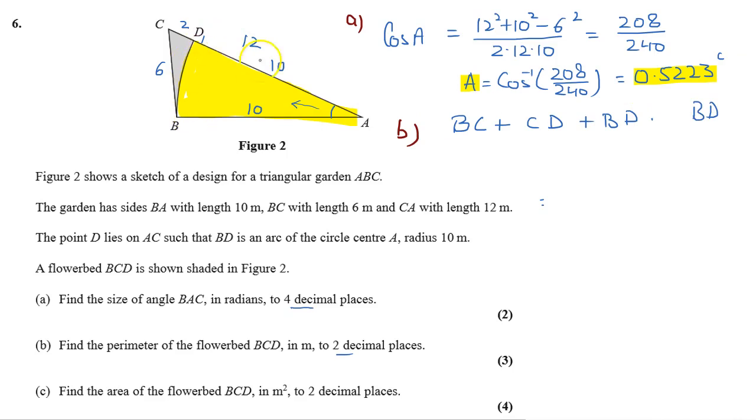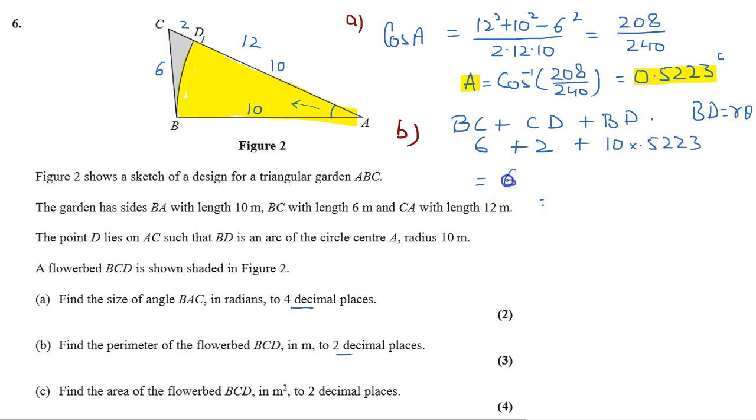BD is an arc and we know L is equal to r theta. So BC is 6, CD is 2, and BD is r theta. r is 10 and theta is 0.5223.